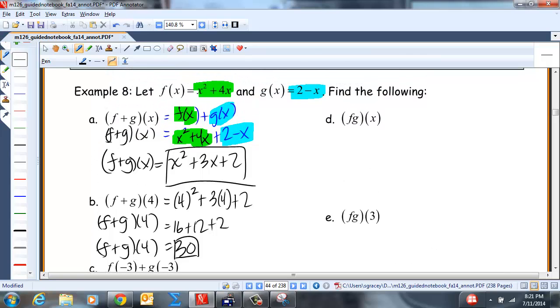Now we're going to do the same things with the product. So we'll find our general product. This is equivalent to f at x times g at x, but f at x was our x squared plus 4x, and then g at x was 2 minus x.